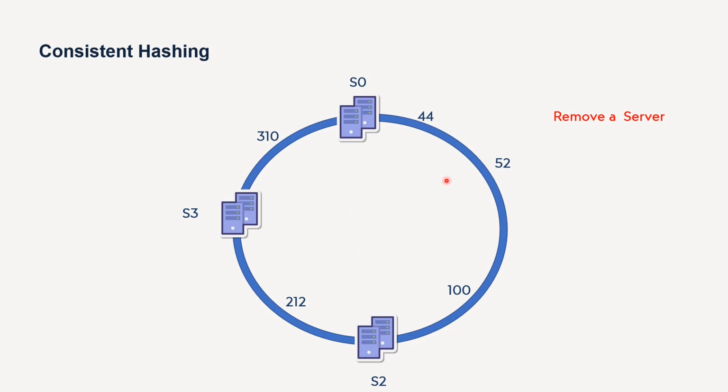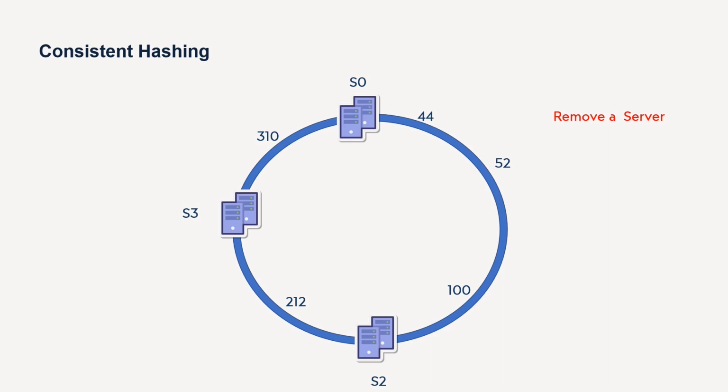So we see that the actual impact is happening only between the S1 server and the S2 server. S3 and S0 are not impacted. That's why consistent hashing is a really helpful algorithm or concept by which we can add or remove servers very smoothly, and the impact of shuffling or swapping of keys is very small.